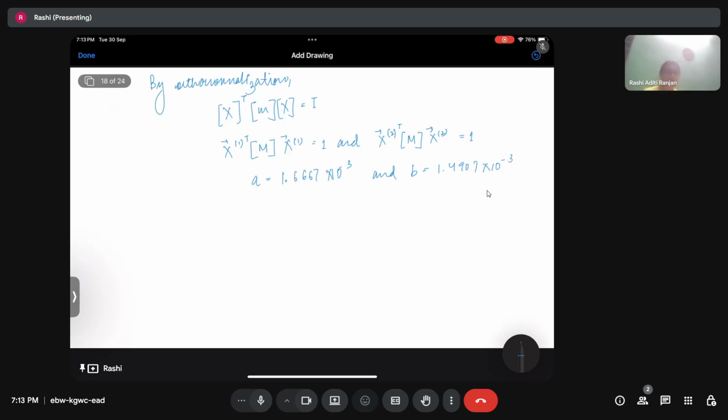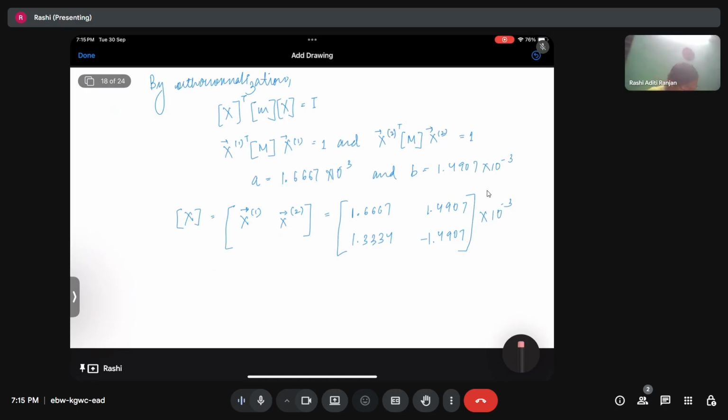So from this, what are we going to get? We are going to get the capital X. We already got capital X because now we know a and b. So we can finally write the equation of capital X as this, which will turn out to be 1.6667, 1.4907, 1.3334 and minus 1.4907, total multiplied with 10 to the power minus 3.